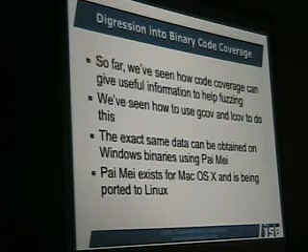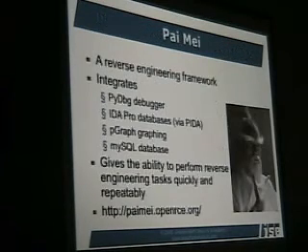Let me tell you real quick how you can get code coverage from binaries, because that's basically what we care about. A lot of you care about hardware, which is the next level, which I won't get into. So you have a binary, you want to fuzz it, you want to get code coverage. What do you use? You use PyEmu. PyEmu is a super cool reverse engineering framework.